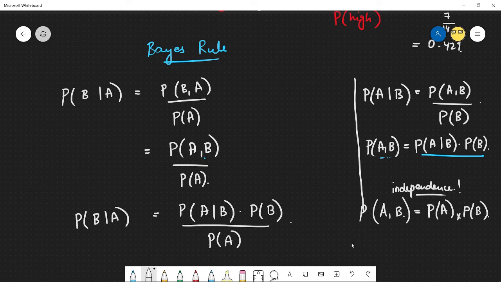And if I were to add conditionality here, I could also say that the probability of A and B given some C is going to be, again, only if A and B are independent, the probability of A given C times the probability of B given C. And again, this is a way to get around those joint probability distributions.